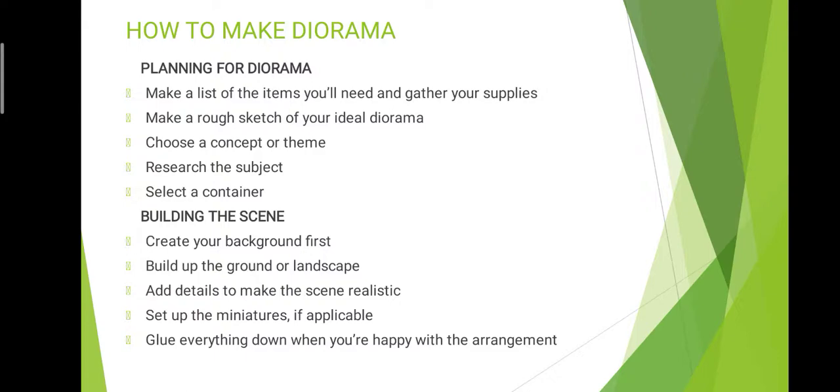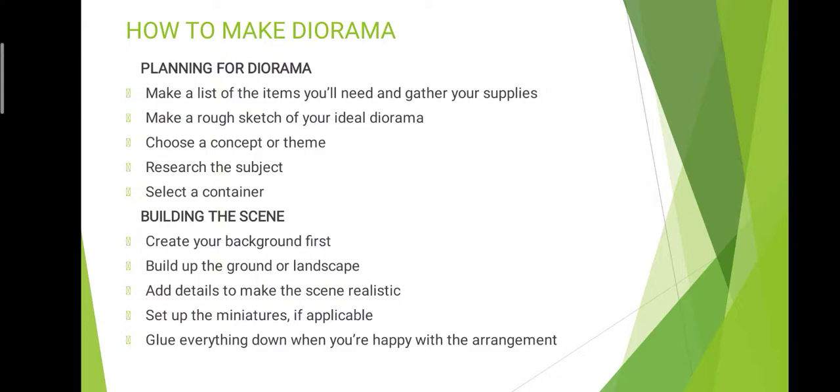After planning for the diorama, you must build the scene. First is to create your background. Build up the ground or landscape. Add details to make the scene realistic. Set up the miniatures if applicable. Glue everything down when you're happy with the arrangement.